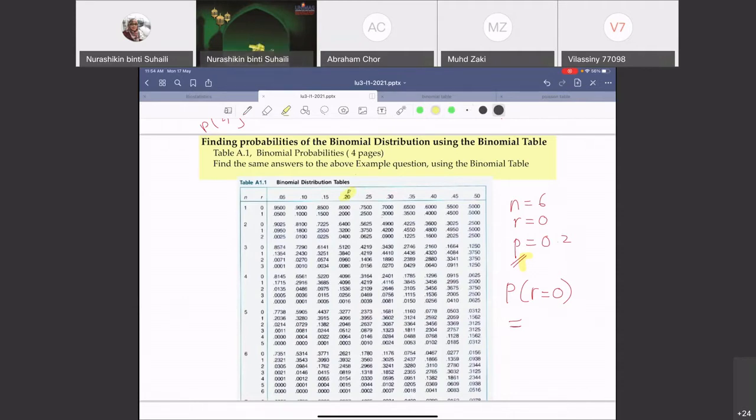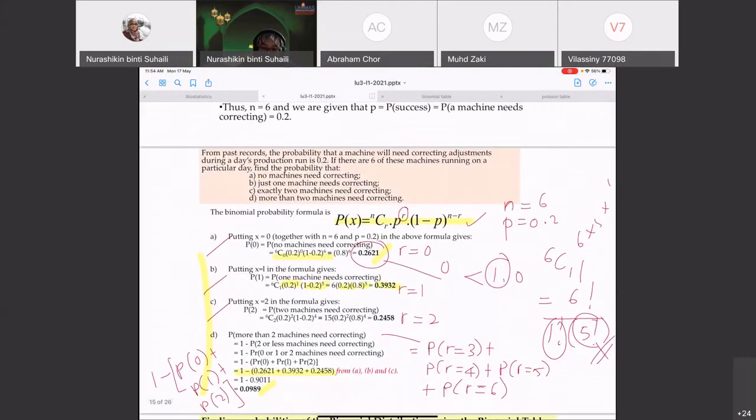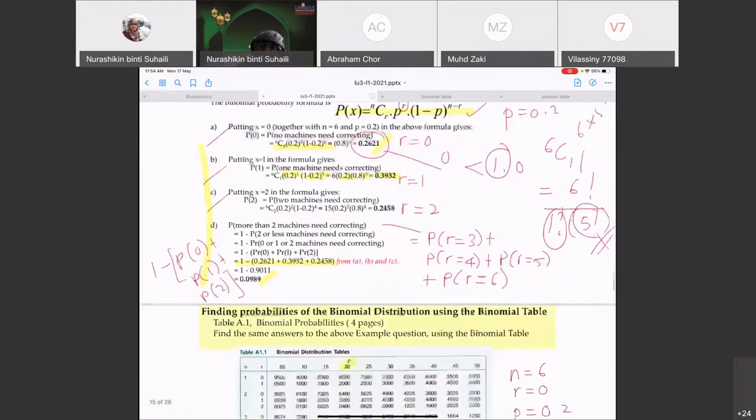This is n, this is 6, and we refer to 0 for R, which gives 0.2621. If we compare our results with the manual calculation, it's the same, 0.2621, for A. So that's how you get it.